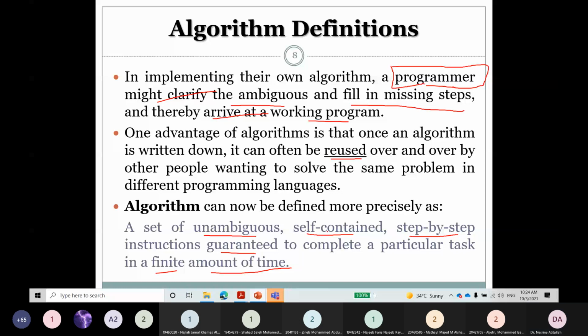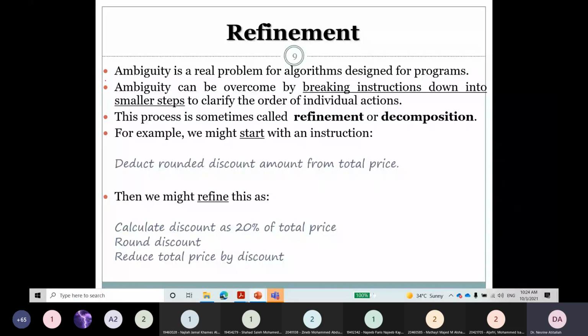Refinement now. Ambiguity is a real problem for algorithms designed for programs. Ambiguity, what does it mean, ambiguity? Okay, so ambiguity is a real problem for algorithms.